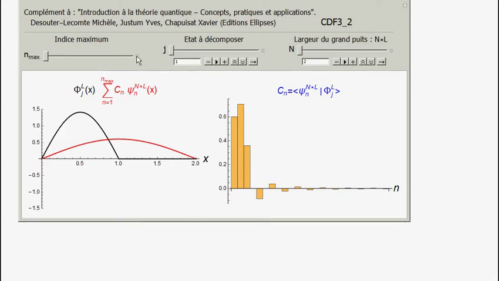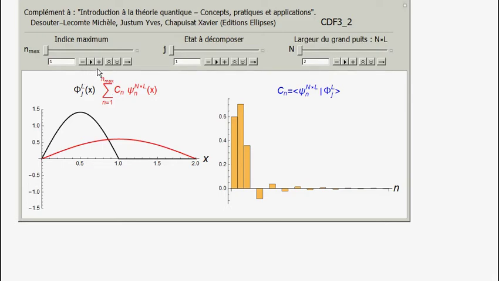With the button Nmax, one can check the convergence of this linear combination. Nmax represents the number of terms which are included in this sum.